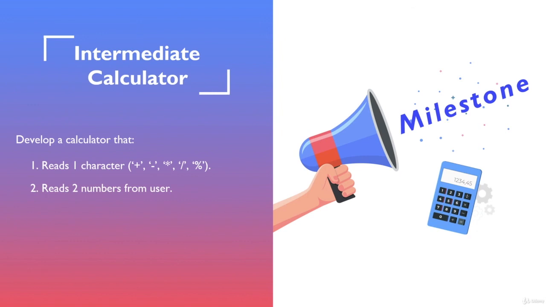If the user specified a multiplication character and two numbers, let's say 3 and 5, then the result of 3 multiplied by 5 would be printed on the screen, which in this case would be just 15. And although you can handle this exercise by just using the if-else structure, you are asked to develop this calculator by using the switch cases because why do you think we need to use switch cases here?